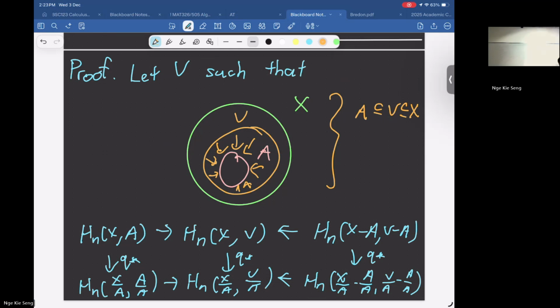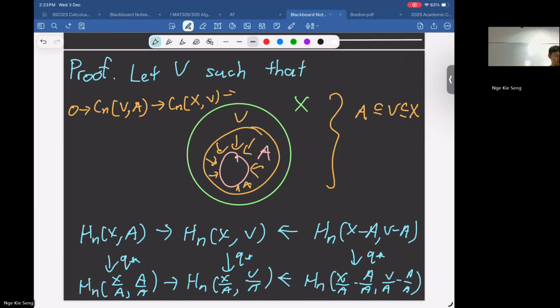Still remember the long exact sequence coming from the triple? So what's the triple here? The chain complex that you need to think about is Cn of V, A going to Cn of X, V, and then going to Cn of X, A. I think it's the second isomorphism theorem.